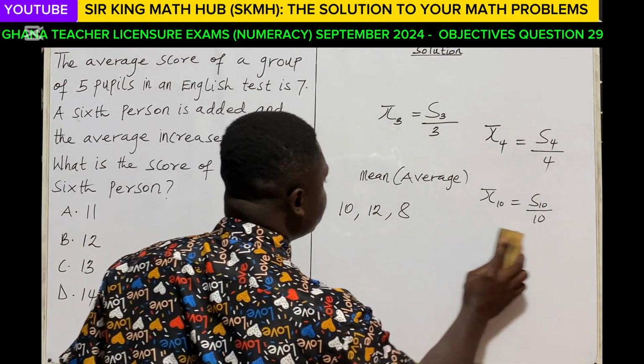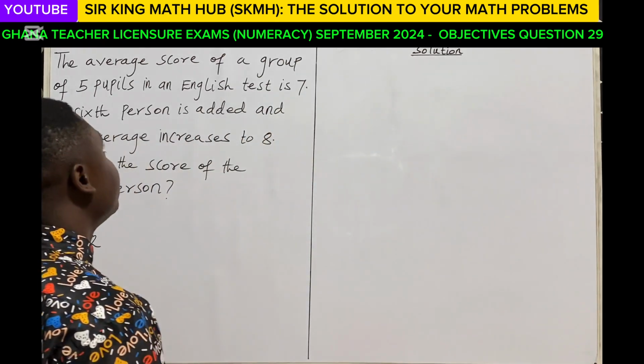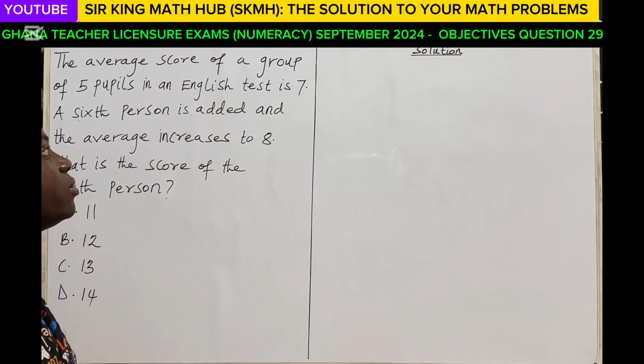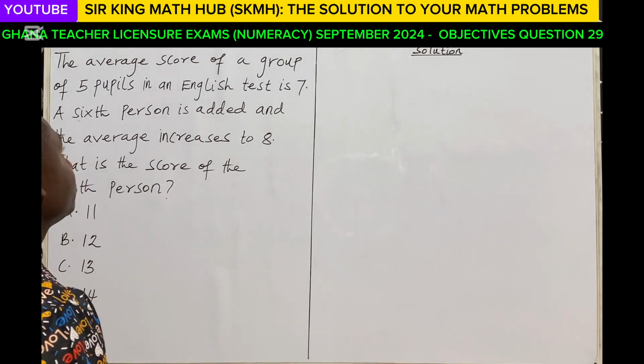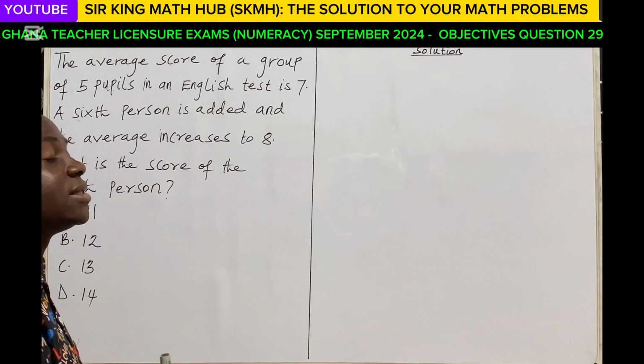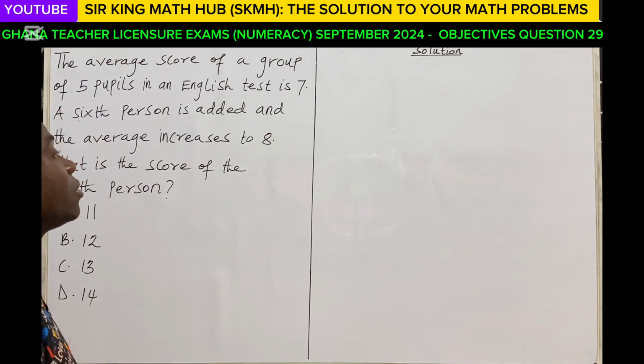So now back to the question. For the first scenario, the average score of a group of 5 pupils in an English test is 7. So we are looking at 5 pupils. So how do we calculate the average score of 5 pupils?